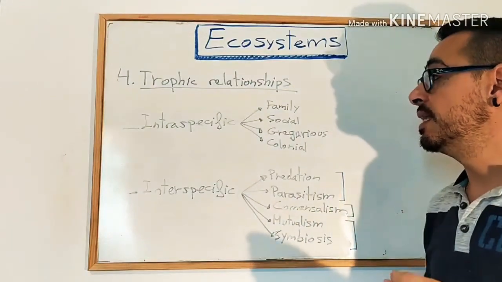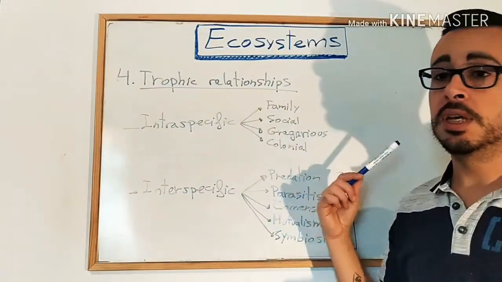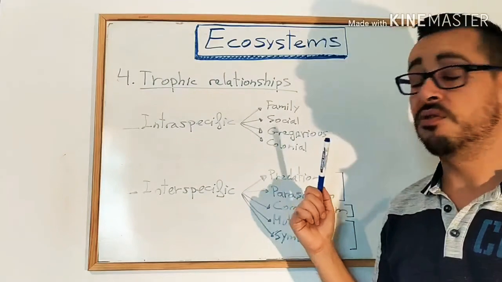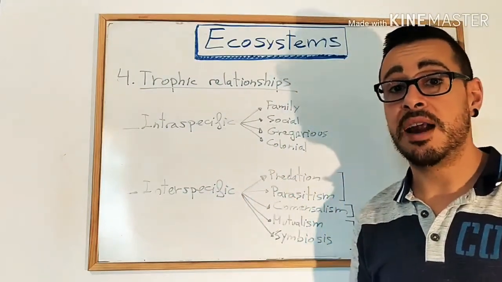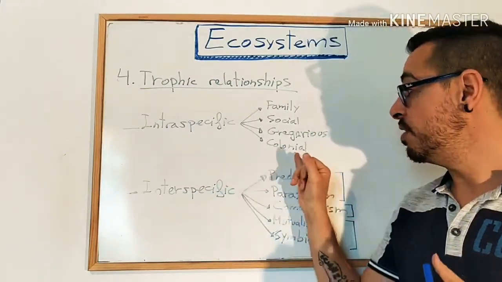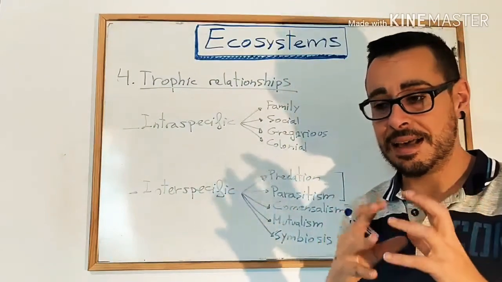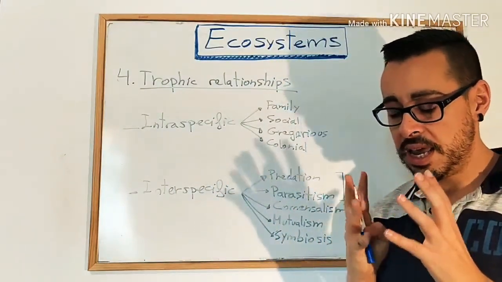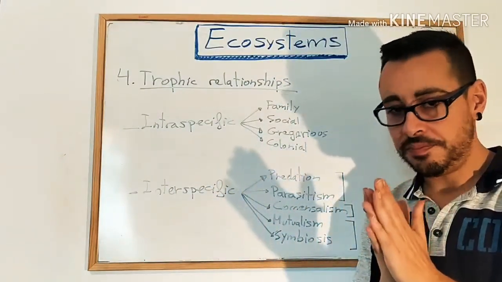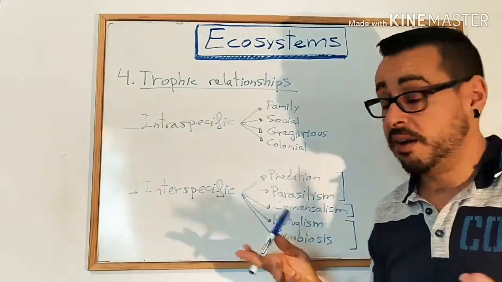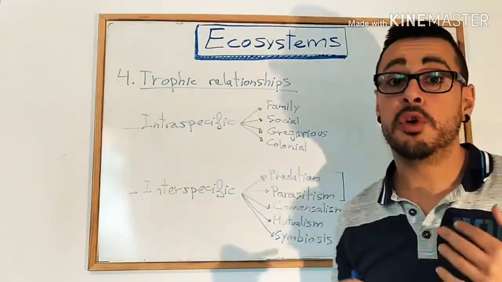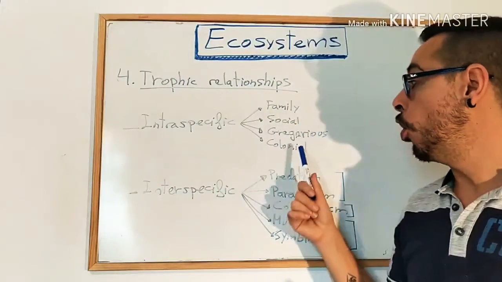And finally, the other relationships are the colonial relationships. Colonial relationships are when the individuals live really joined together, okay? Like, for example, corals. They are colonies.